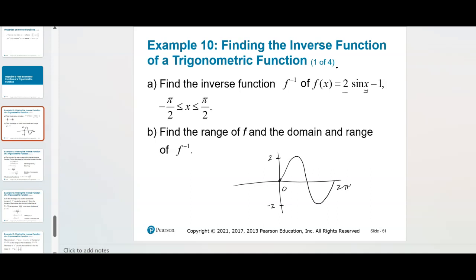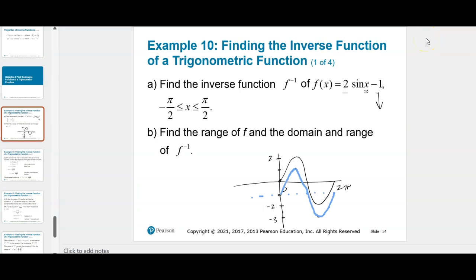But we're also shifting it down a unit. So the midline is going to move down, and so all of these points shift, to where now our max would be at 1 and our minimum would be down here at negative 3. So the domain is negative pi over 2 to positive pi over 2. The range is negative 3 is less than y is less than positive 1 because of that shifting.